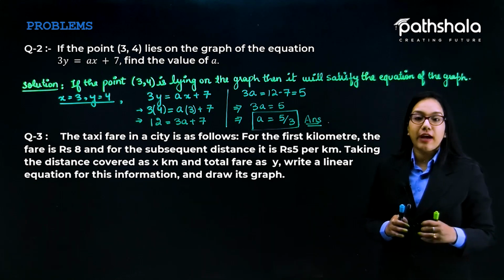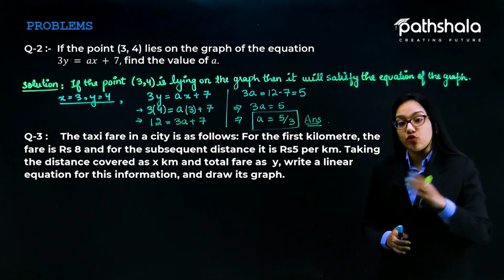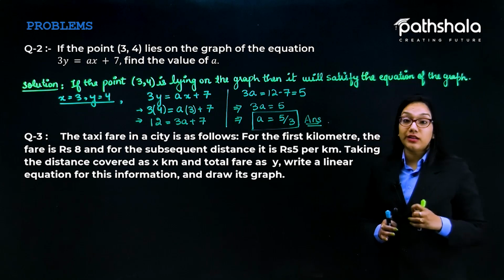So first of all, we have to write the linear equation for this information, and then we have to draw its graph. Let us start with generating the linear equation.